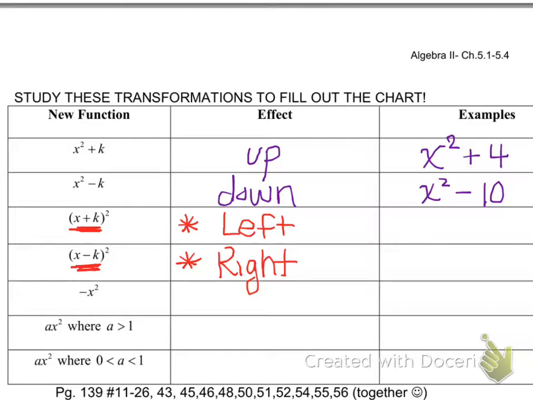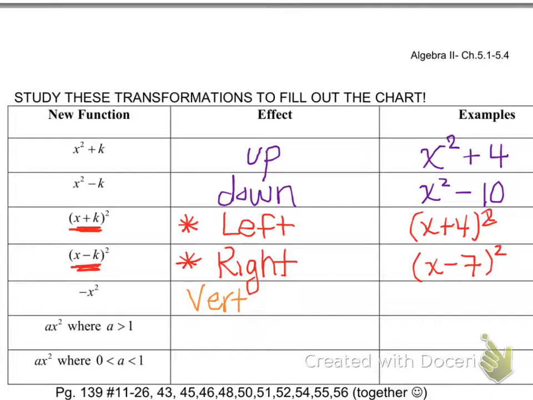An example of this is x plus 4 quantity squared. And a shift to the right would be any number, but with the inside, with x, it's going to be a negative. And then we know what this negative in front of the x squared does. It's a vertical flip.